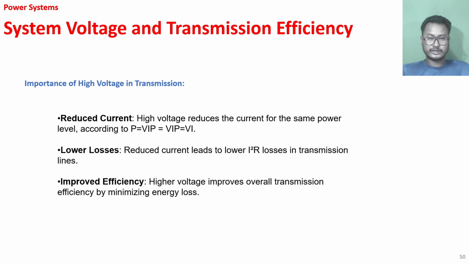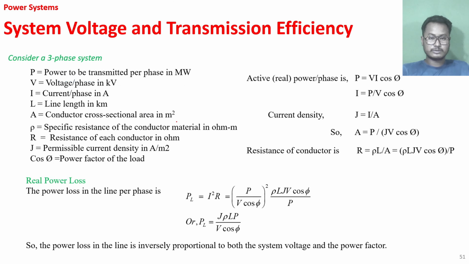Importance of high voltage in transmission. So why is it important to transmit at a high voltage level? First one is reduced current. High voltage reduces the current for the same power level.